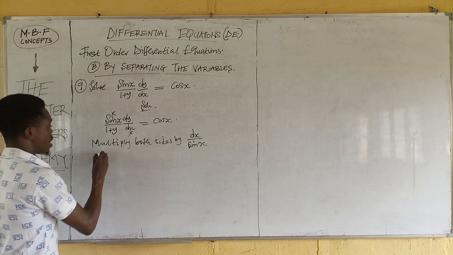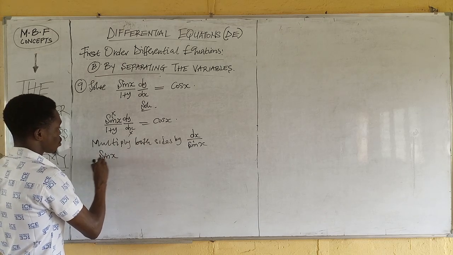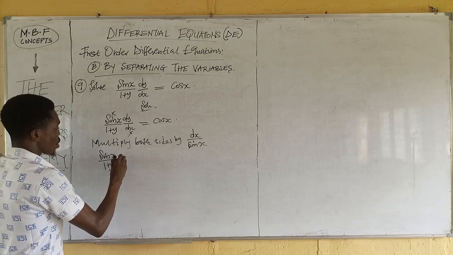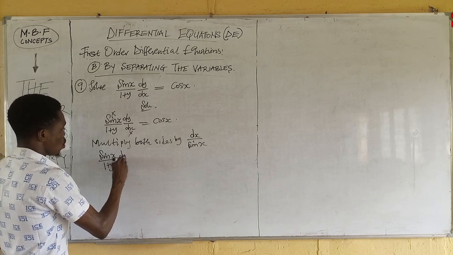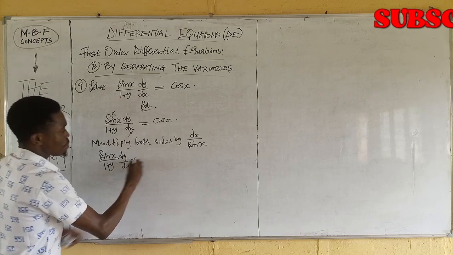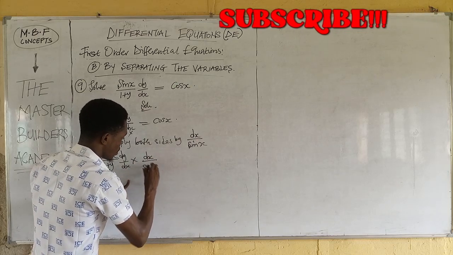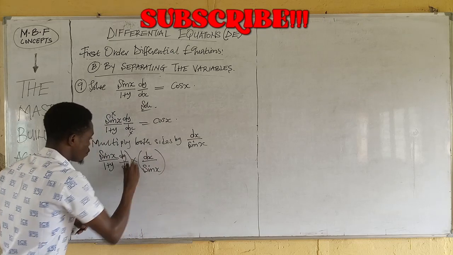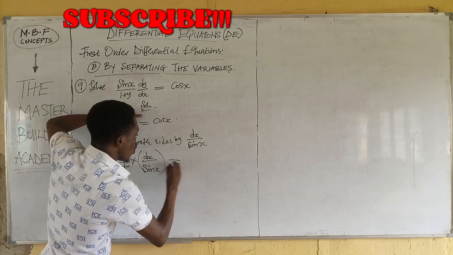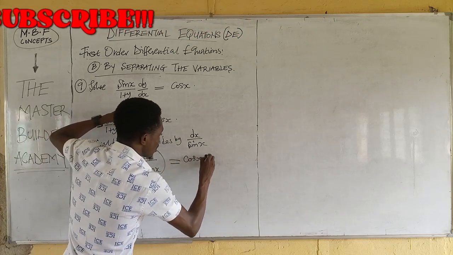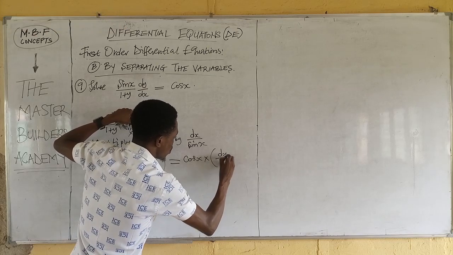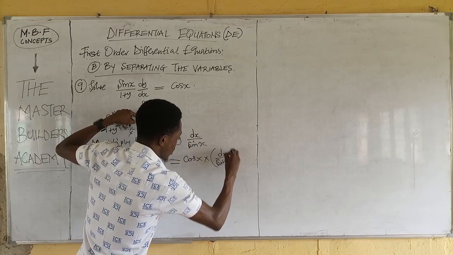All we need to do is to have sine x over 1 plus y, times dy over dx, times dx over sine x. Well, you can decide to use brackets if you choose to, then equal to cos x times dx over sine x.